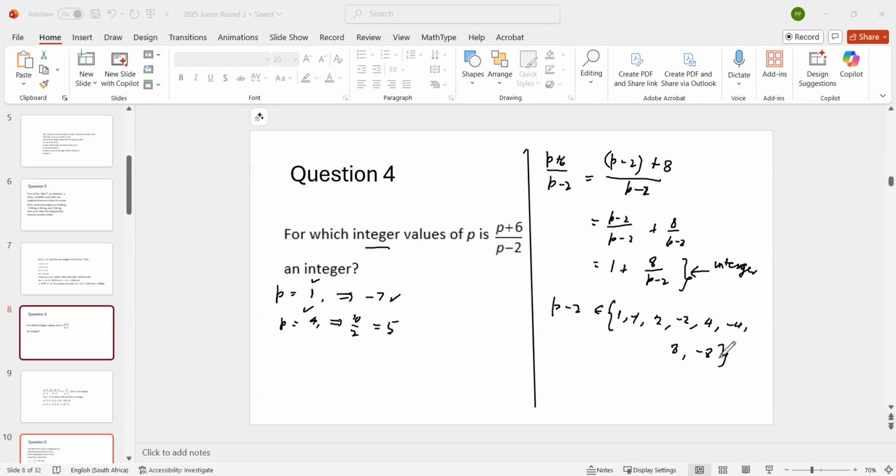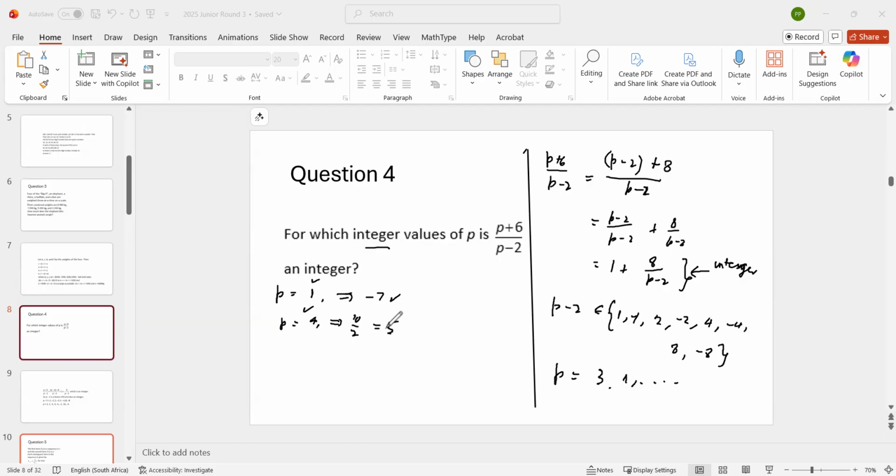So these are the values of P minus 2, and therefore P is equal to, you add 2 to each one of them, 2 plus 1, because P minus 2 equals 1. Put 2 to the other side, it will be 3. 2 minus 1 is 1, and so on. So you can find out that there are actually 8 possible solutions.